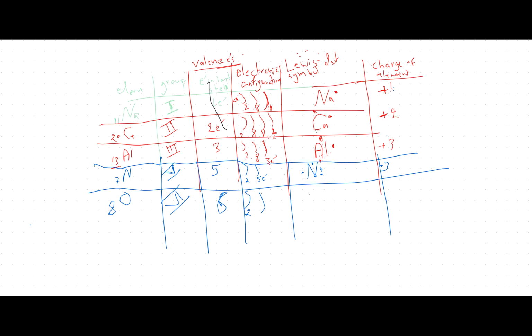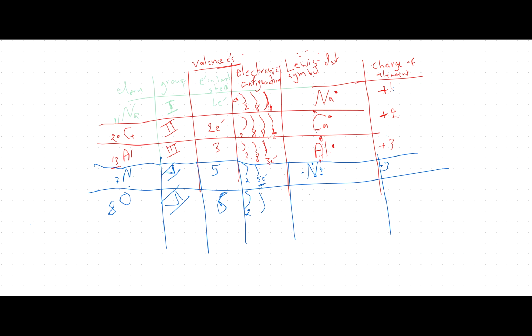So for the second last, you got -3. How did you get -3? For the nitrogen? Okay. Nitrogen, how much does it have here?